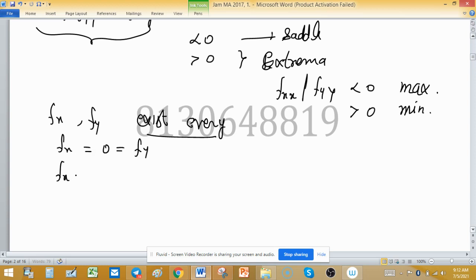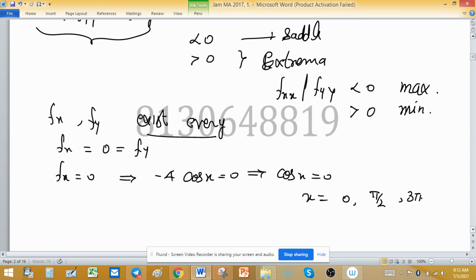If fx equals 0, then minus 4 cos x equals 0, which implies cos x equals 0. So x equals pi by 2 or 3 pi by 2, but 0 is not included because x comes from the open interval 0 to 2 pi.